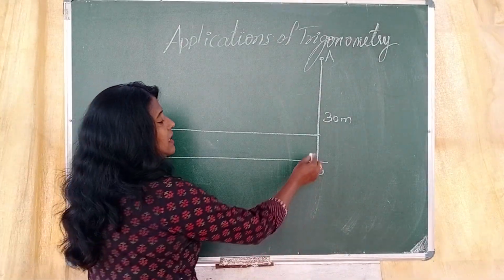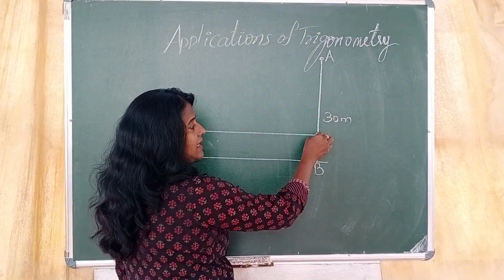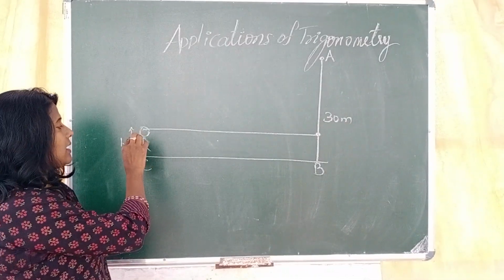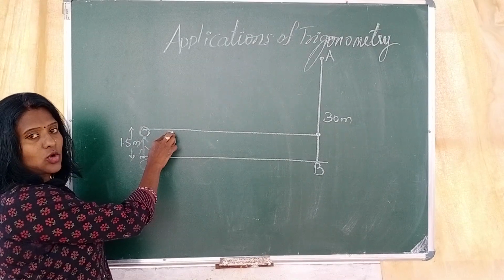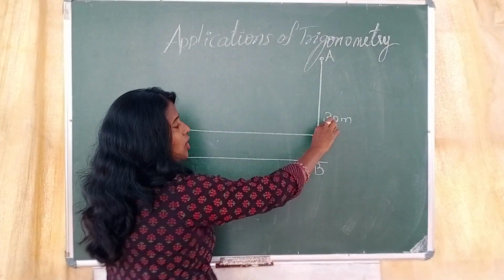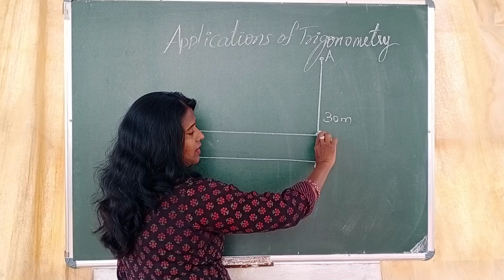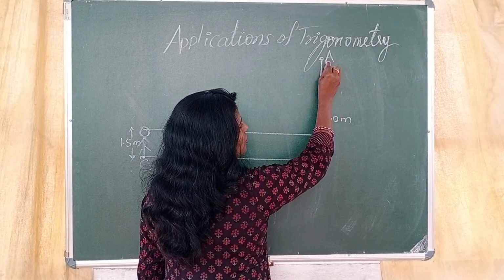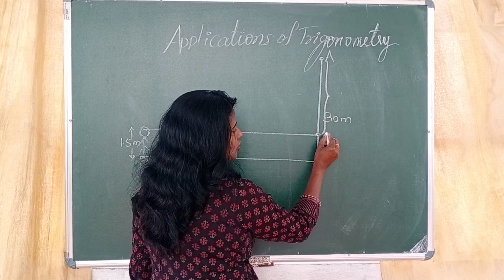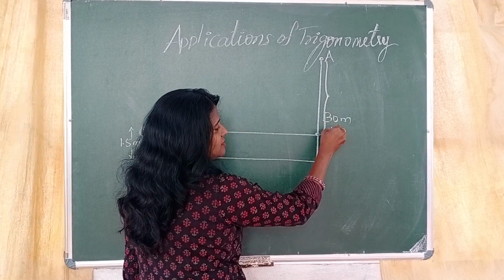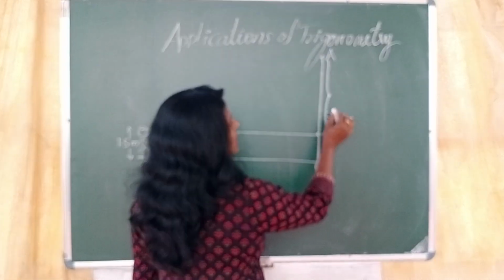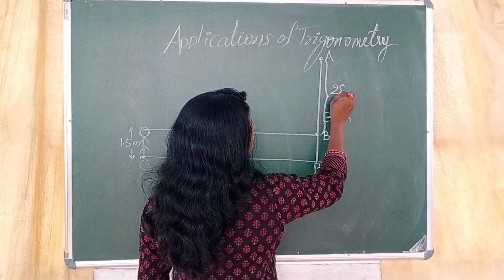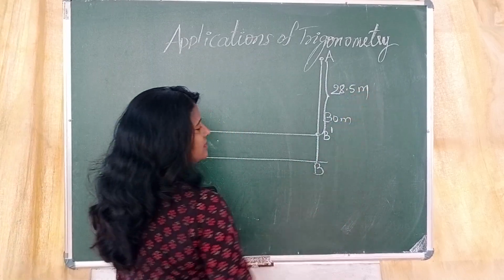Now what is the height of the building when the height of the boy is removed? Because I have considered the horizontal line here, out of 30 meter I have to subtract 1.5. So now the height of the building we have to consider, I will name this as B dash, and now the height of the building is 28.5 meter.